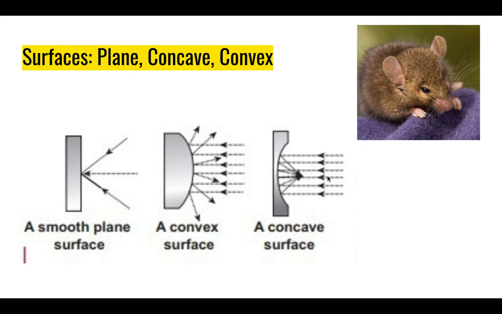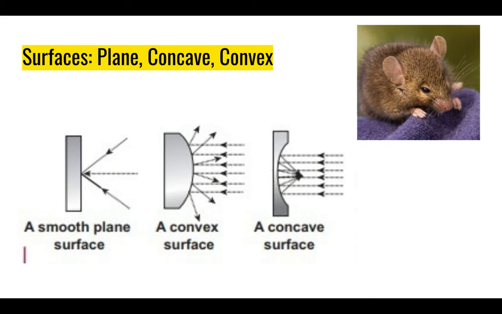And a concave surface, of course, if I shine my light on a concave surface, it's going to narrow where that energy goes. It's the same with sound. And so that question that we asked about the little ears of this cute little adorable mouse, the ears of a lot of mammals are shaped in that concave way, so that I have a wider space where I can collect information.